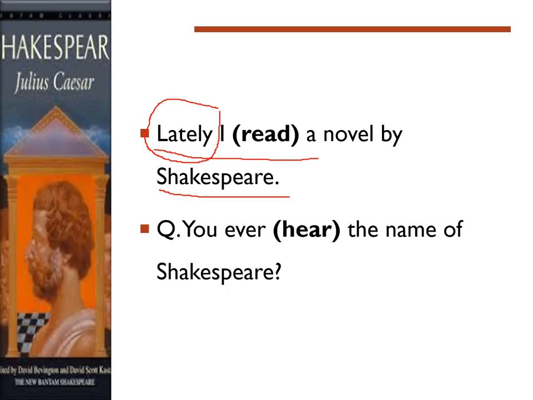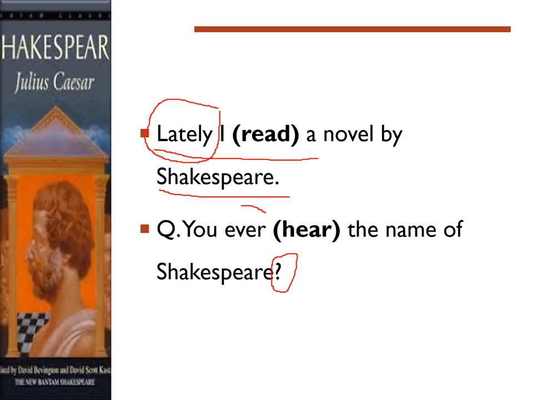Now look at the second sentence: you ever hear the name of Shakespeare? Just look at the last part of the sentence. There is a question mark, but at the beginning of the sentence there is no signal word for an interrogative sentence. So in that situation, your first duty is to transform the sentence into assertive form. Then you have to transform the sentence into interrogative form.